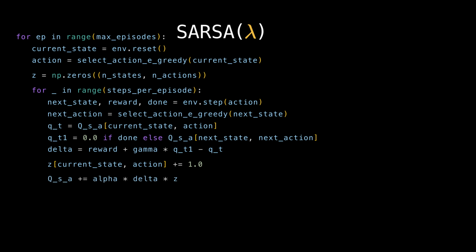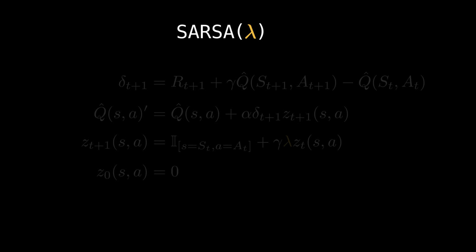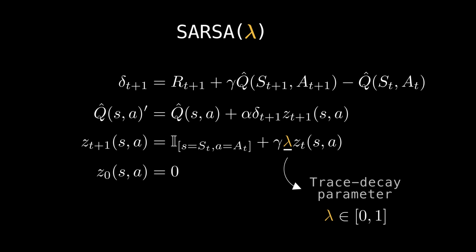And lastly, the eligibility traces of all states are multiplied by a factor of gamma times lambda, causing the value of Z to gradually decay over time. In this approach, lambda is the trace decay parameter that determines the rate at which the trace falls. This parameter has a value between 0 and 1. Larger values allow traces to persist for longer, while smaller values make them fade more quickly.